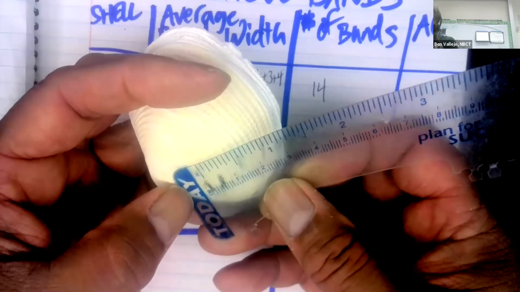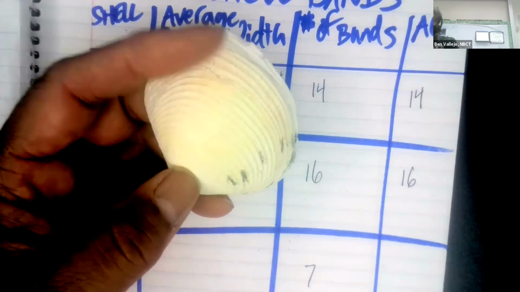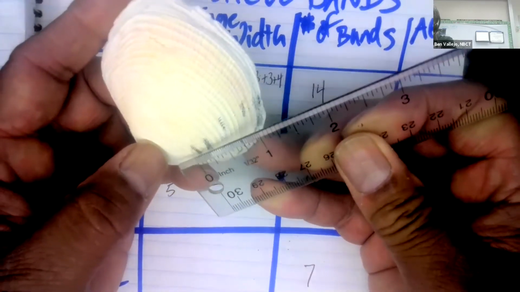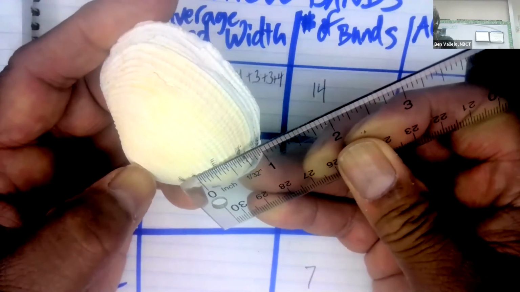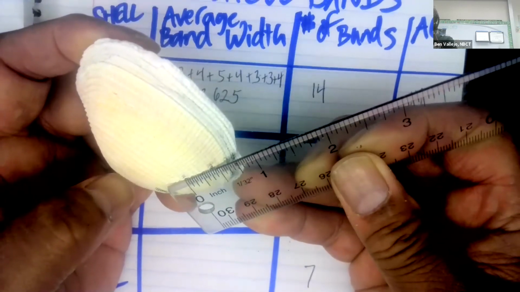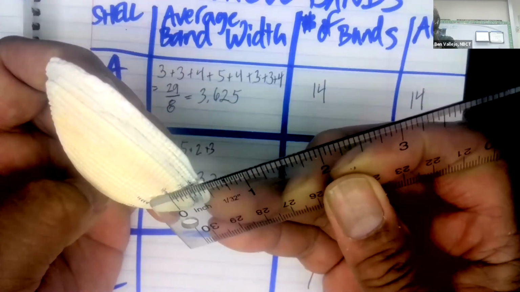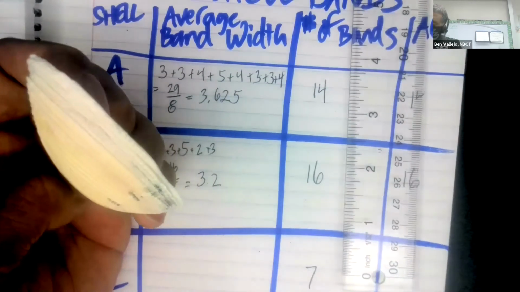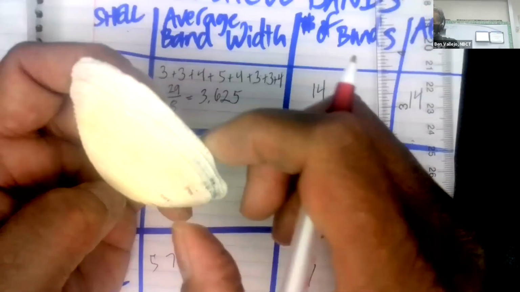Let's use the other one. It's hard to see. Okay, definitely bigger. 5, 7, 8, 4, 5, 7, 8, 4. 1, 2, 3, 4.